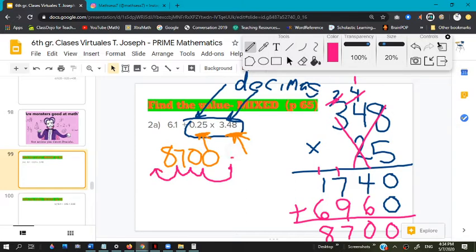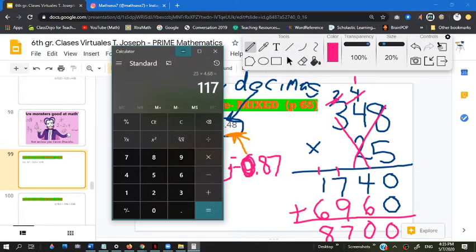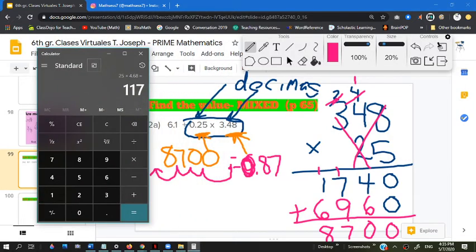So our new number is going to be 0.87. 0.87 is the same as 0.25 times 3.48. Let me do that on the calculator just to show you. So we have 0.25 times 3.48 equals 0.87. We did the multiplication.